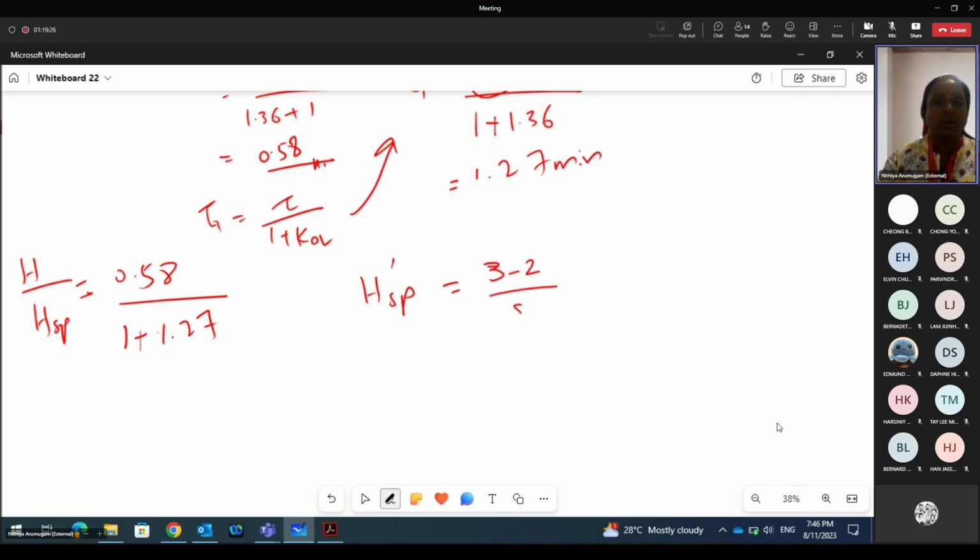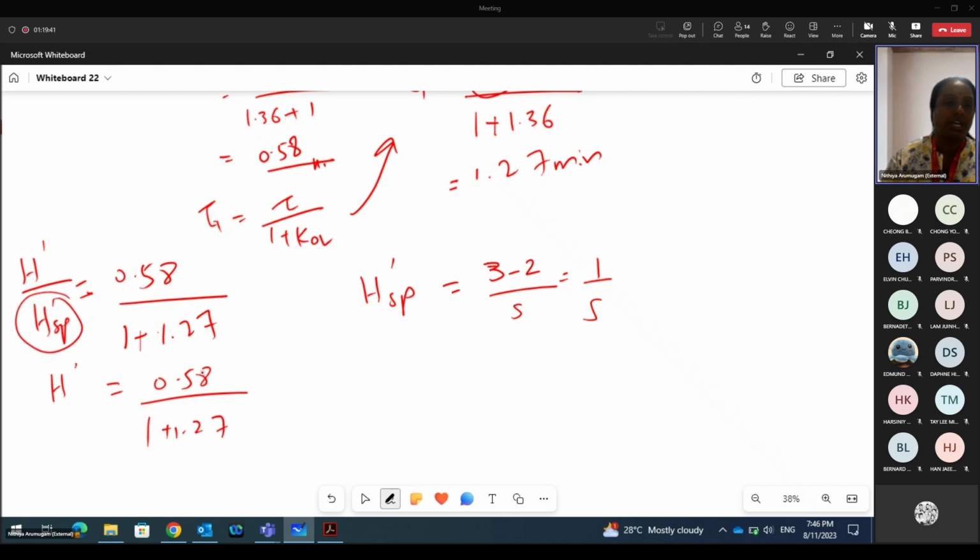So the difference over s will give us 1 over s. So this is 0.58 over 1.27 s plus 1, and I already shifted this to the other side, so it will be times 1 over s.